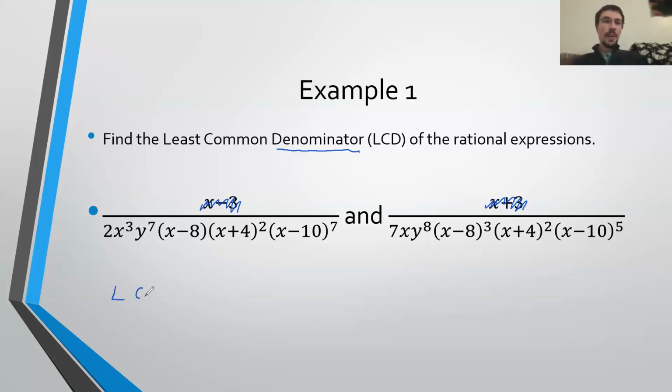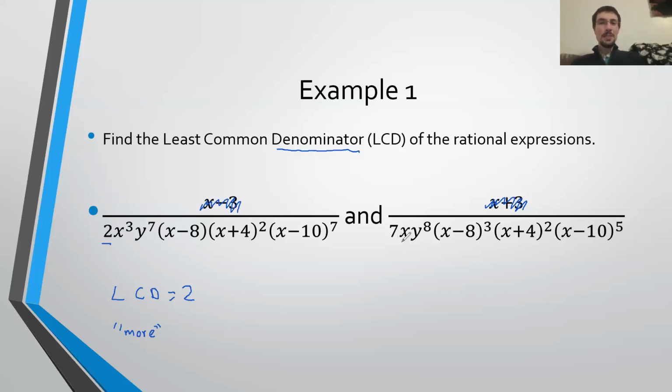And when you find the LCD, you want to think about the word more. So looking at these two denominators, this first denominator has a 2. Does the second denominator have a 2 as a constant? No, it has a 2 as an exponent, but that's not a constant. Which fraction has more plain 2's? Well, this first fraction does, so we need a 2 as part of your LCD.